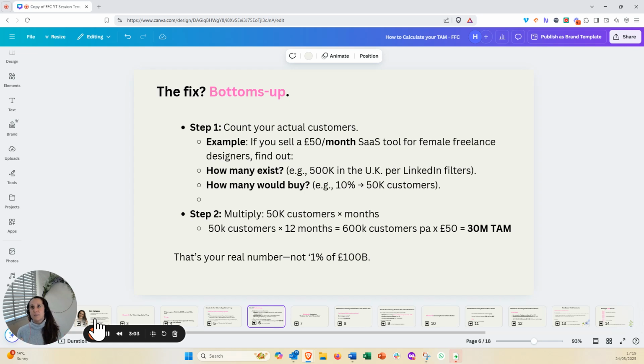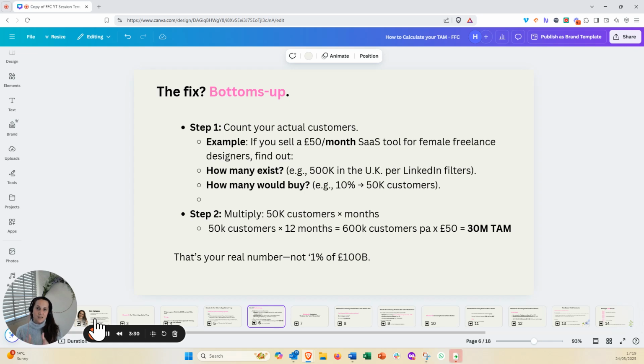So if you find, based on the industry reports and Statista and the census data, that there is 500,000 for your target audience, then you need to say, okay, from that 500,000, how many of those freelance female designers out there would actually potentially buy your product? So let's just say 10% for easy math. So that's 50,000 customers.